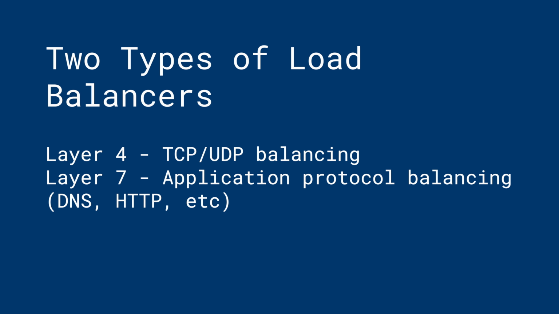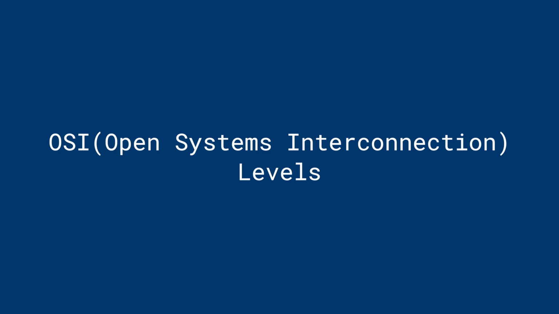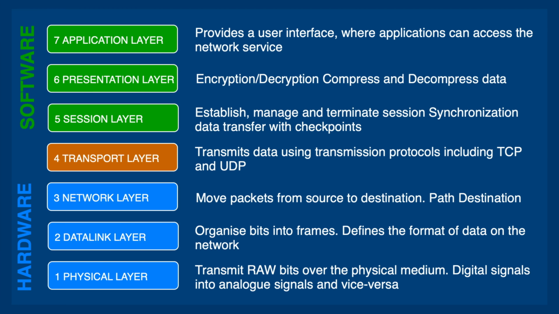To understand what layer 4 and layer 7 are, we need to go to the OSI model and we'll see this simple list. There are 7 layers. Part of them is a hardware layer, basically hardware devices that transfer your packets from one point to another.